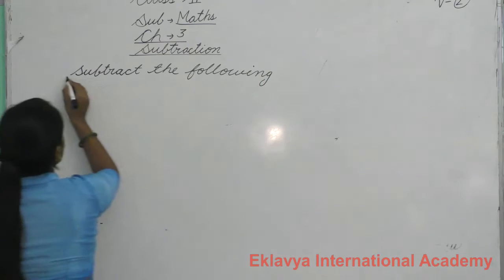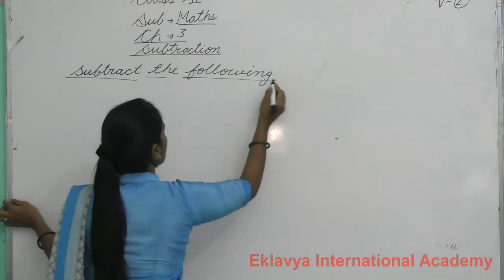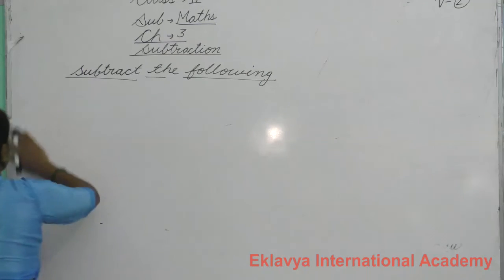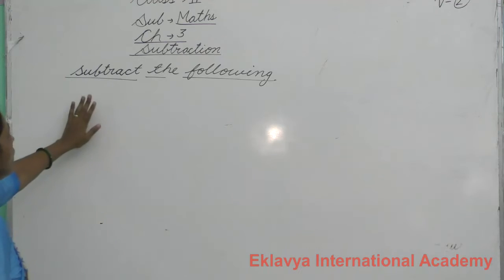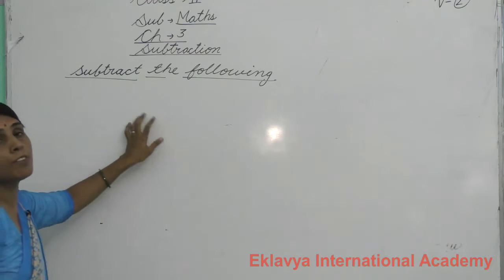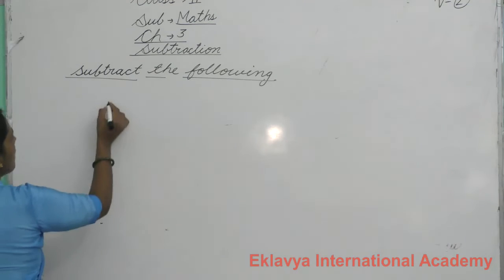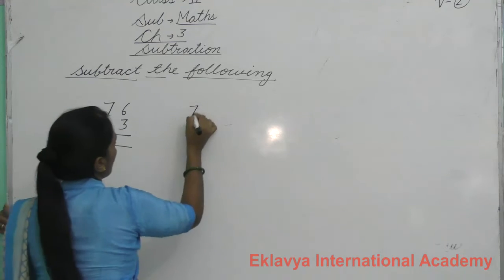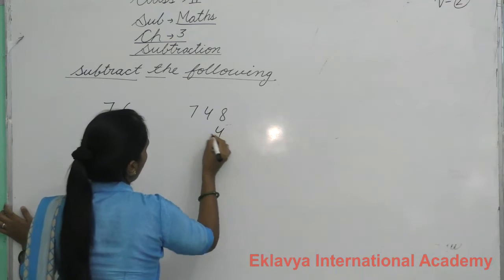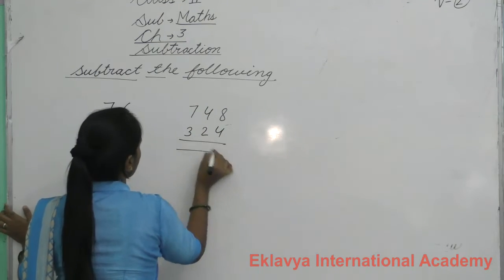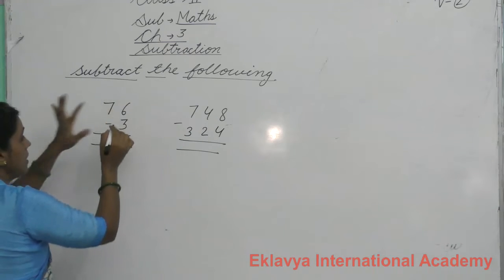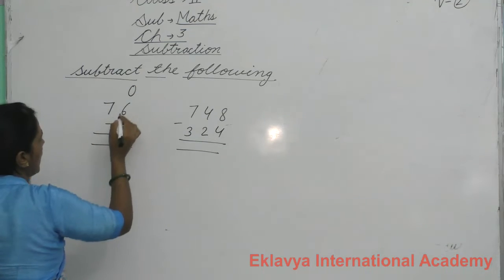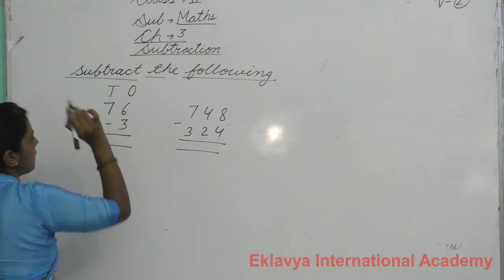Subtract the following. Yes, we will understand simple subtraction. I have given that number. 6 is on the 1's place and 7 on the 10's place.